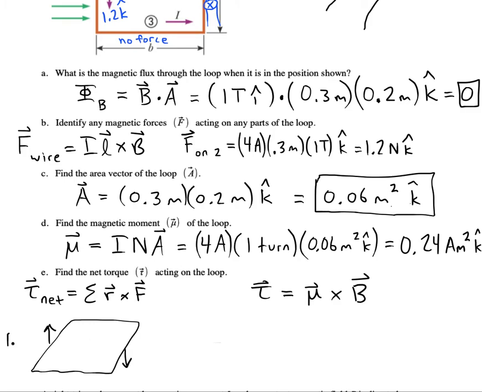So this was 1.2 k hat, and this was negative 1.2 k hat. All right, so we know the forces. We just have to find this axis of rotation and then find the distances to the axis of rotation. So it's going to be 0.1 meters.